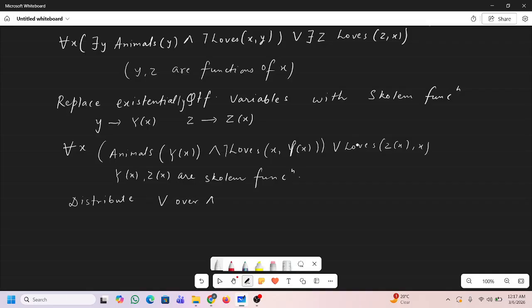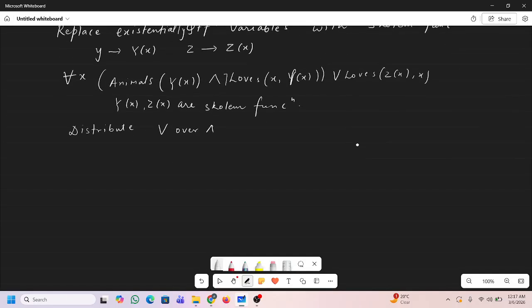So we are going to distribute or over and, and this will lead me to for all x animals y of x, this is a Skolem function, and then or negation of loves. No, here there will not be negation because now we are bringing this particular loves inside, we are distributing it.